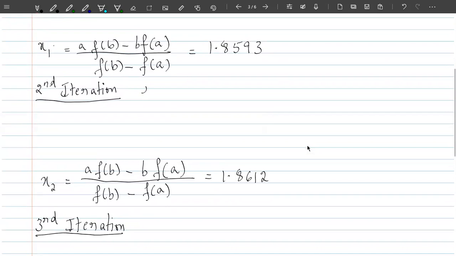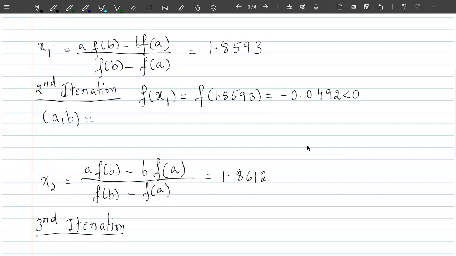For the second iteration, we calculate the value of f of x1, and here x1 is nothing but 1.8593. So if you find f of 1.8593, your answer is a negative value, that is minus 0.0492. So now let's see how we make the interval a comma b. We can take this term as a.